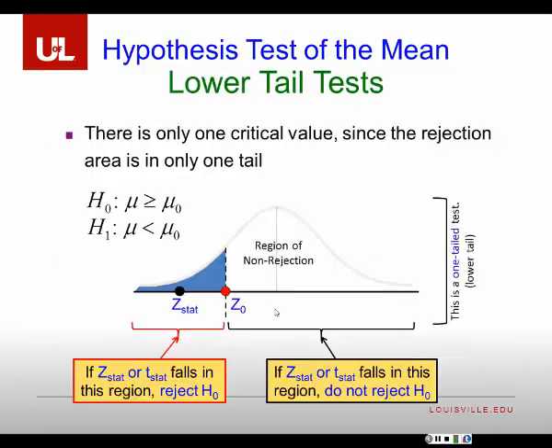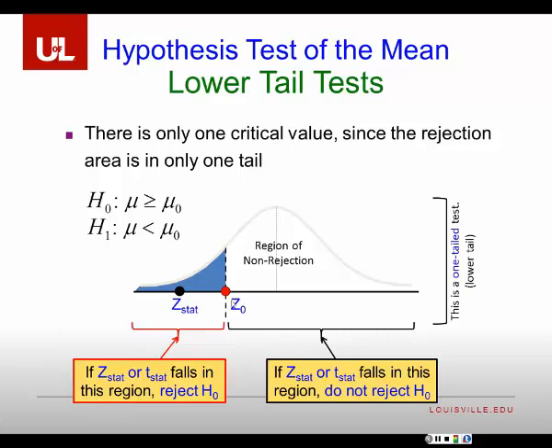So, there is only one critical value when we're doing a one-tailed test. We don't have to split it up anymore. There's only one critical value we need to find. We're still going to compare our observed value to that critical value. We're still going to check to see if the observed value falls inside of the rejection region, but we only have to calculate one value this time instead of two.